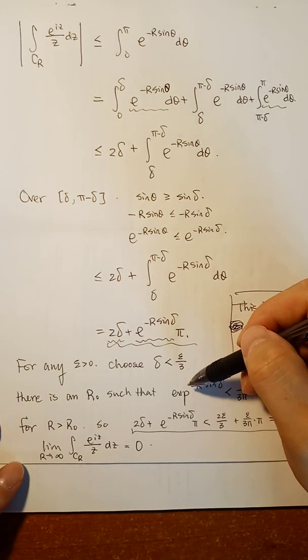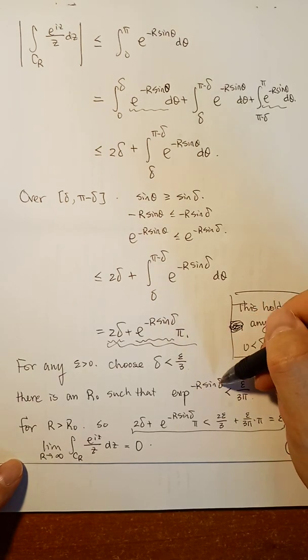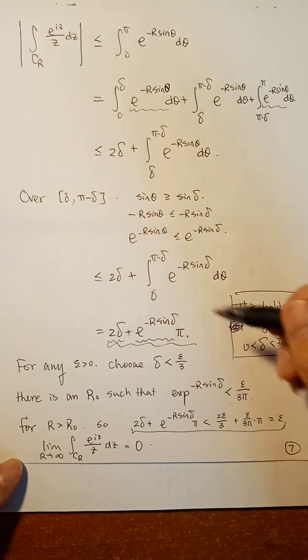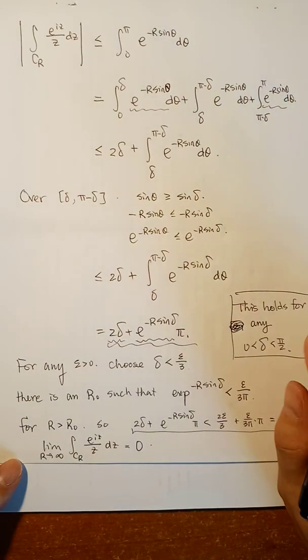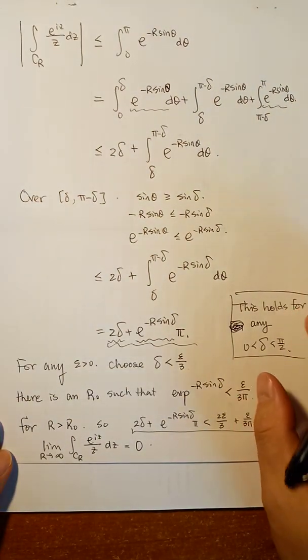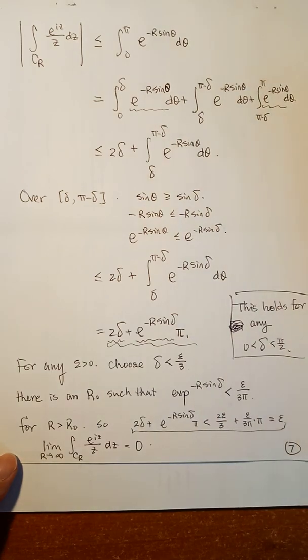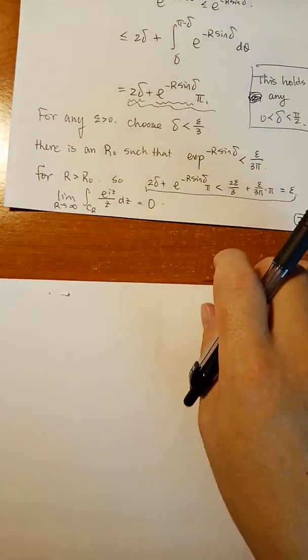Then R will disappear: sine 0 is 0, so R times 0 is 0. So you have to give a little bit of space for R. So far we have shown that over the large radius the integral is 0 when you take the limit.